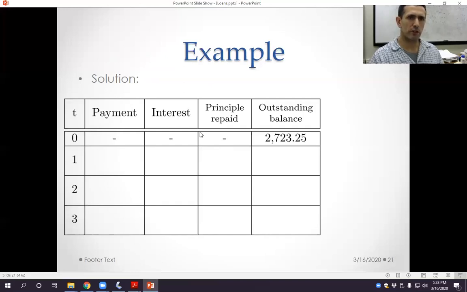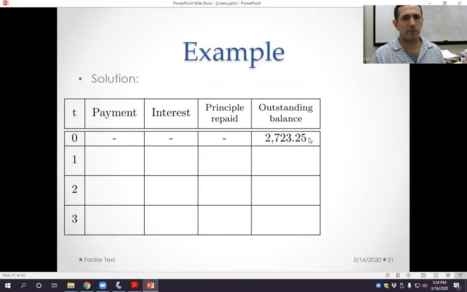So, first of all, I take out a 2,723.25 loan. That's how much I owe right now. Now, theoretically, if I hit the lottery, I could pay this back right now. Most mortgage and loan companies assume you're not going to pay the loan back immediately, because why would you take the loan out in the first place?